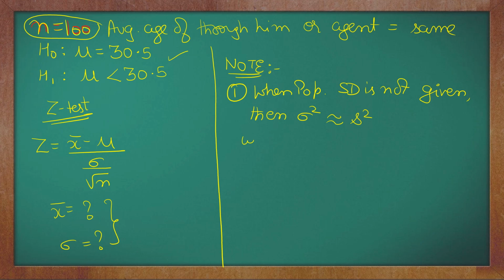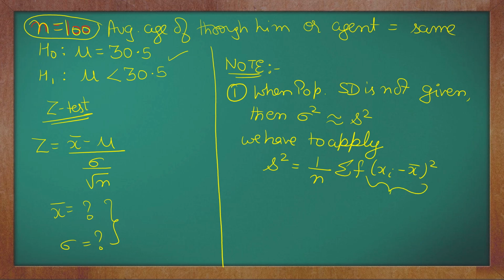Then we have to apply the formula for sample variance, which is 1 upon n summation f xi minus x bar whole square. You all know this is the sum of squares of deviation, and f is the frequency.